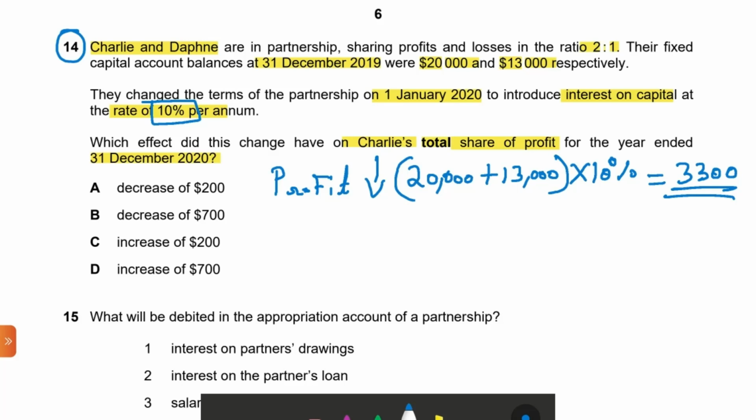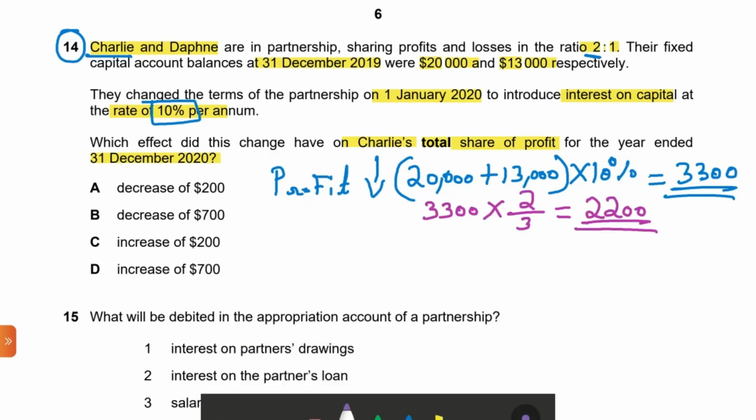How much will he lose? 3,300 into Charlie's ratio, 2 by 3. 3,300 multiplied by 2/3, he will lose 2,200 from his actual profit share.